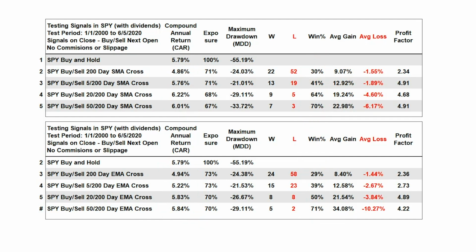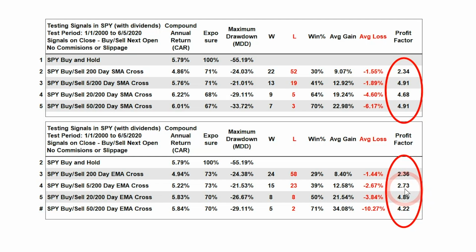And then a couple of other things that I was noticing here is with the profit factor. All right, you can see with the 5-day SMA and 20 and 50-day, you got a profit factor above 4.5, a nice strong profit factor. But you can see with the EMAs, with the 5-day EMA, 200-day EMA cross, you had a low profit factor of 2.73.